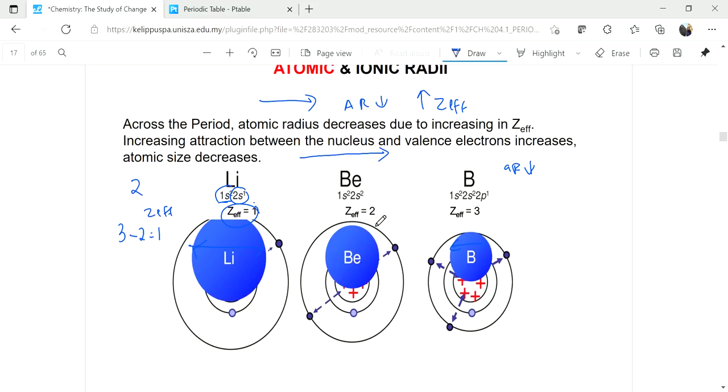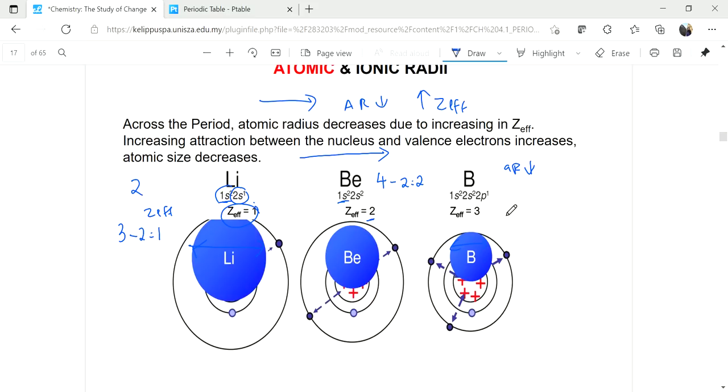The ZF value for beryllium is 2. How do you get 2? Beryllium proton number is 4 minus 2 electrons in the inner orbital, and then you get 2 for the ZF value.